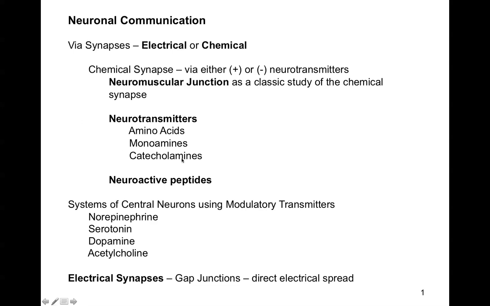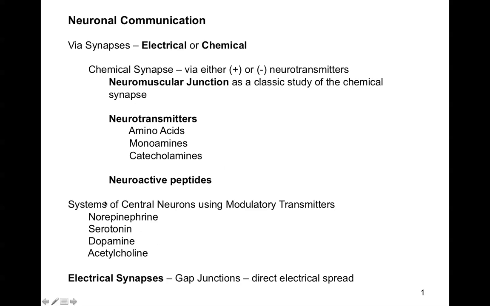And then finally, within the topic of chemical synapses, we also have what are called neuroactive peptides. These are not proper neurotransmitters, so to speak, but rather peptides that are often co-released with neurotransmitters and modify the response in the postsynaptic cell.